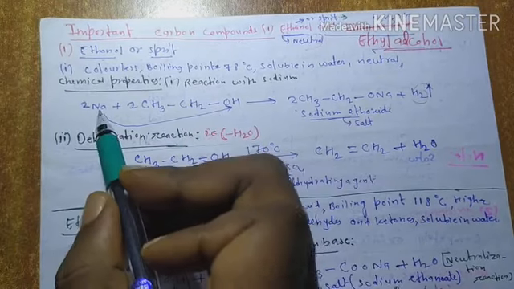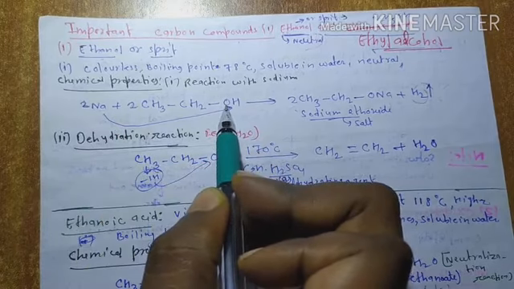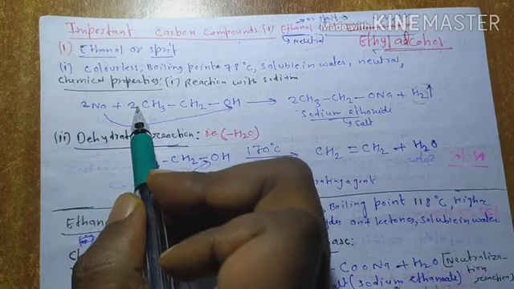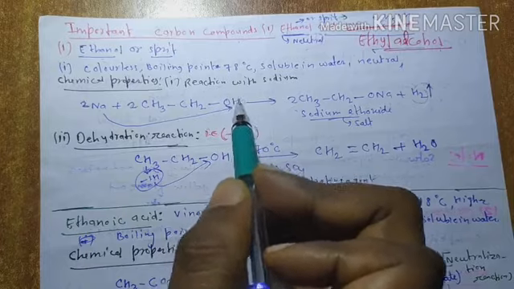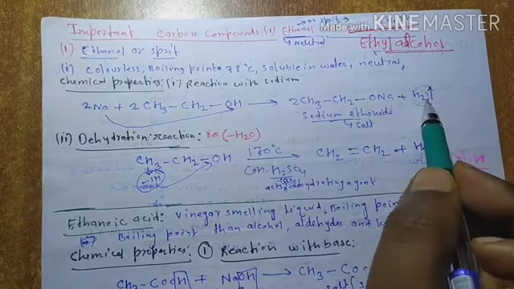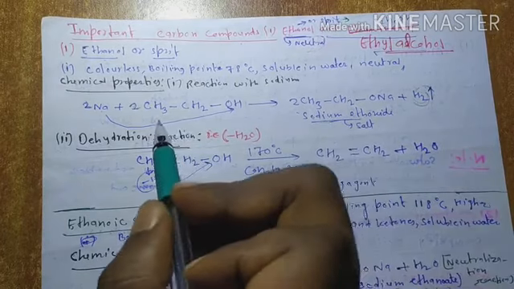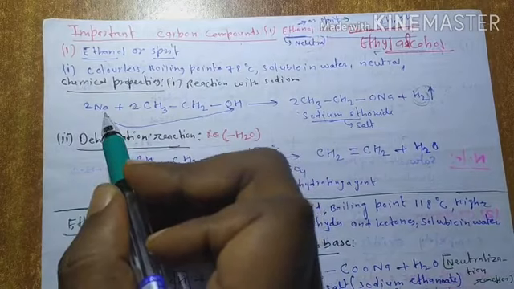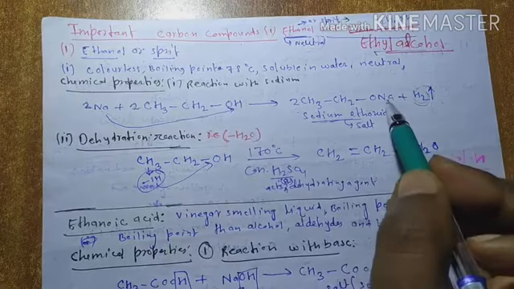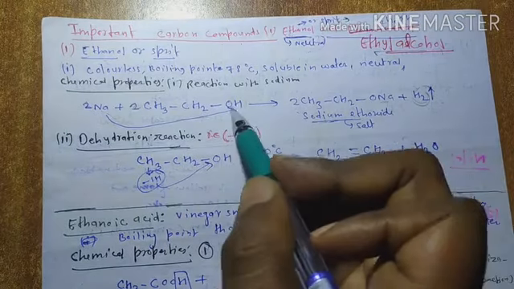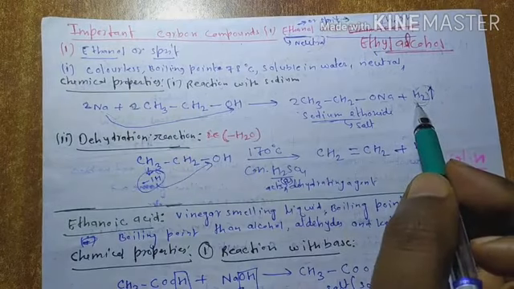This sodium atom comes here. Since you have taken 2 molecules of ethyl alcohol or ethanol, 2 hydrogen, H2 gas, will form. This is the reaction of ethanol. Simply bring the sodium here in the place of hydrogen, and H2. Why H2? Because we have taken 2 molecules, so that's why we have to take H2.